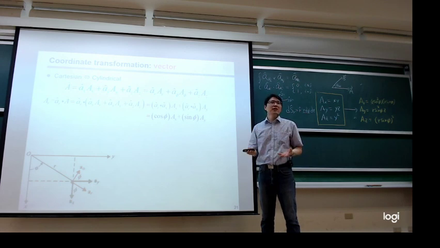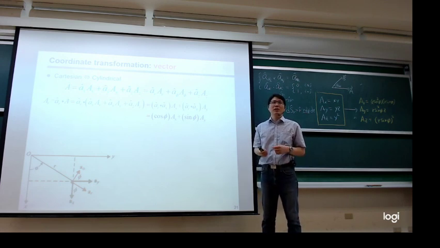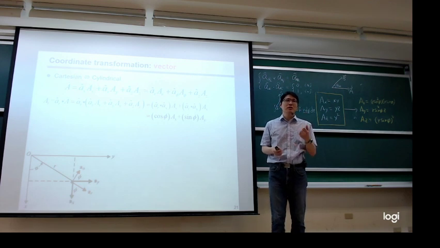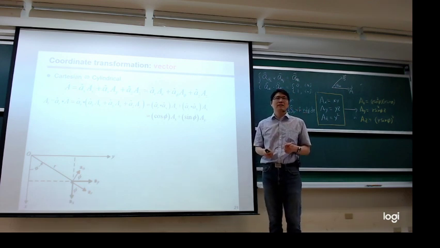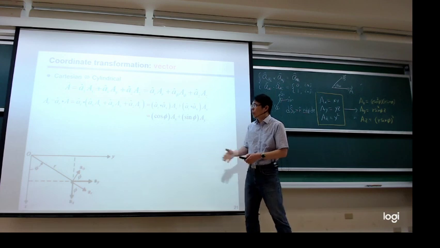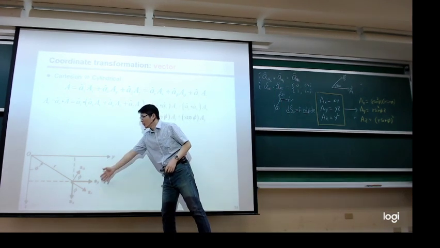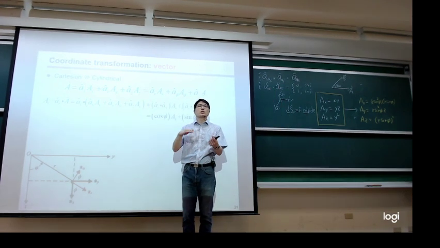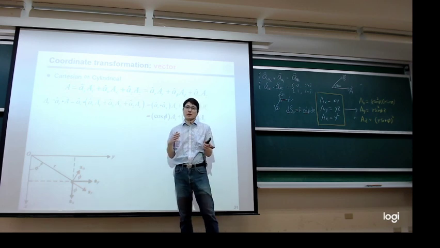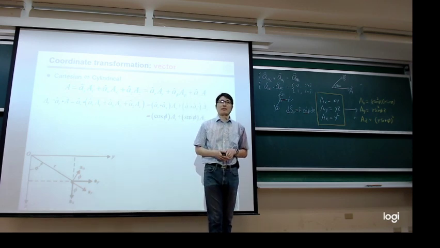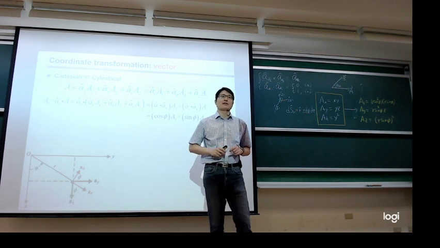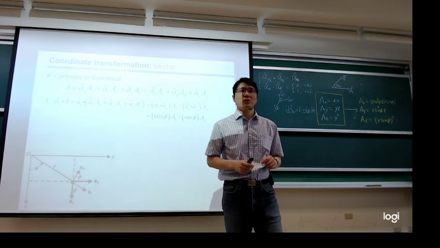I'm merely using the definition of orthogonal coordinate systems, the unit vectors. I'm only trying to draw these 4 unit vectors, and that already allowed me to freely transform between the 2 systems. All right? Let's take a 10 minutes break.